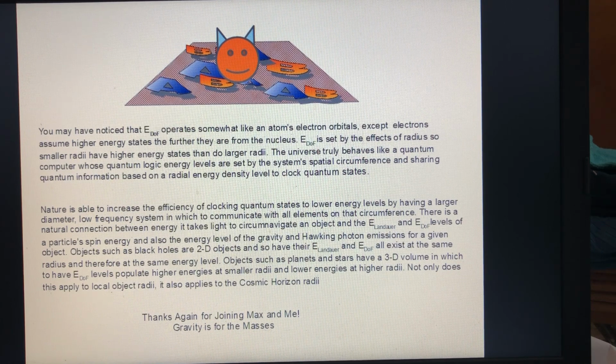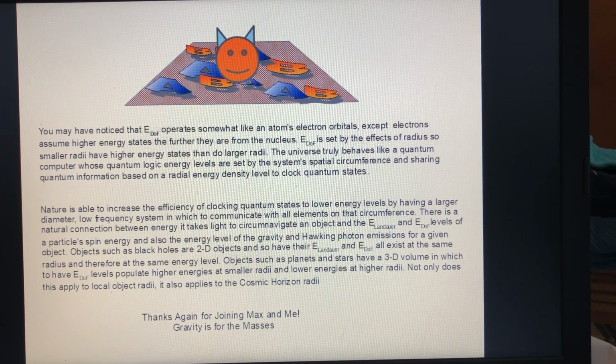Objects such as black holes are 2D objects and so have their E Landauer and E degree of freedom all exist at the same radius and therefore all at the same energy level. Objects such as planets and stars have a 3D volume in which to have the E degree of freedom levels populate higher energies at smaller radii first and lower energies at longer radii last.